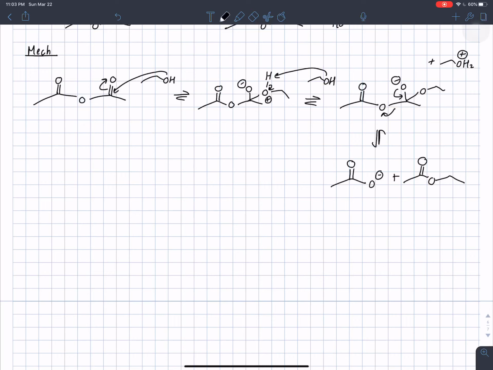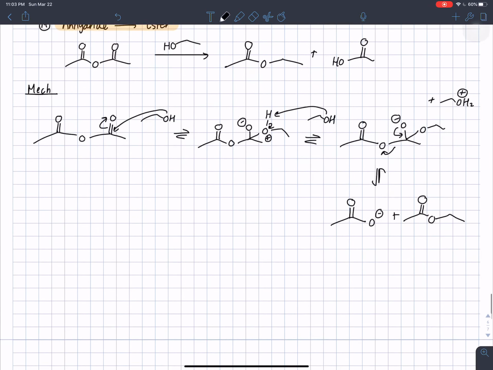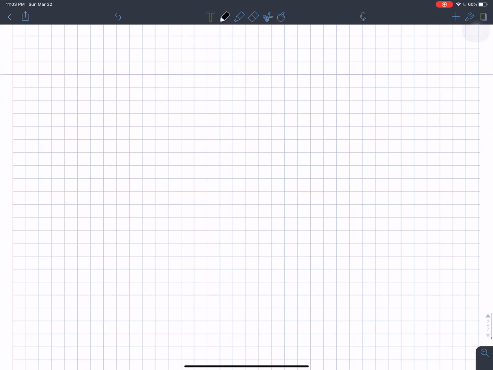Okay, next reaction. This one's called transesterification. This one's actually quite simple. 14, 15. It's called transesterification. So that's just if you want to go from one ester to another. So ester to another ester.